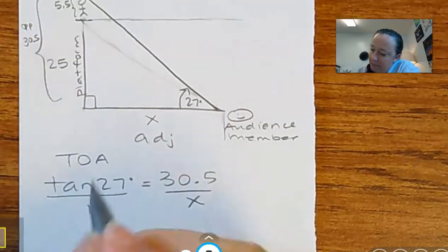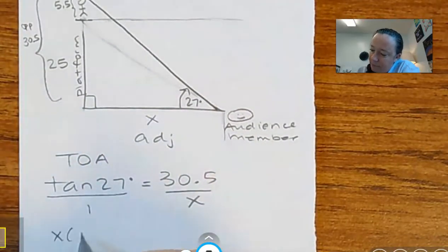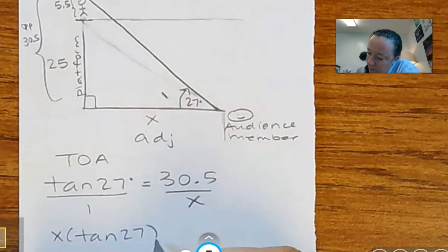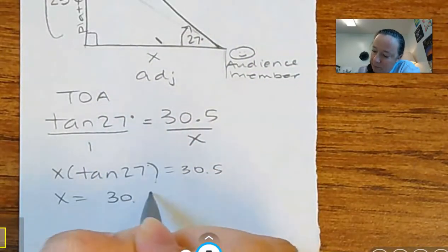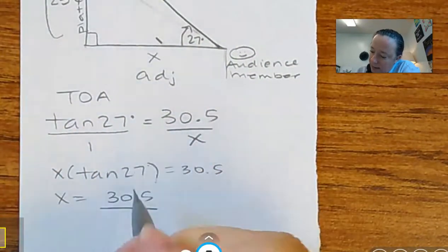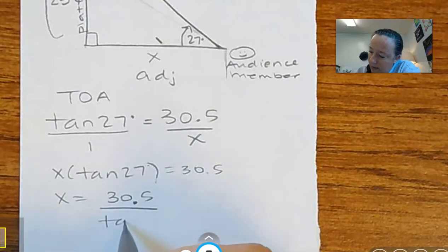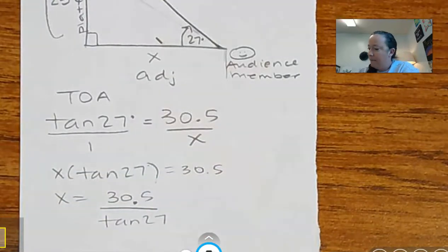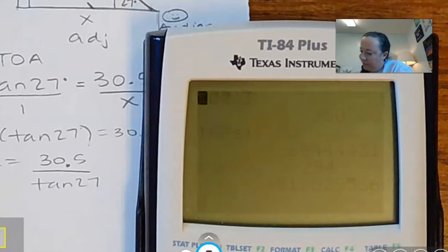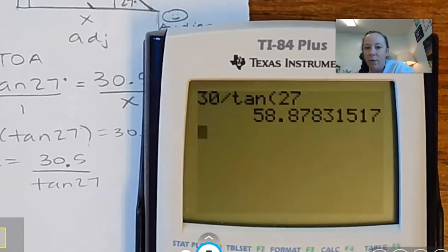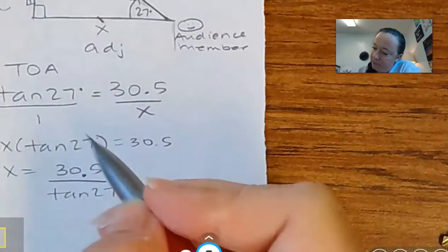Cross multiply. Divide by tan 27. You'll get 58.9 feet.